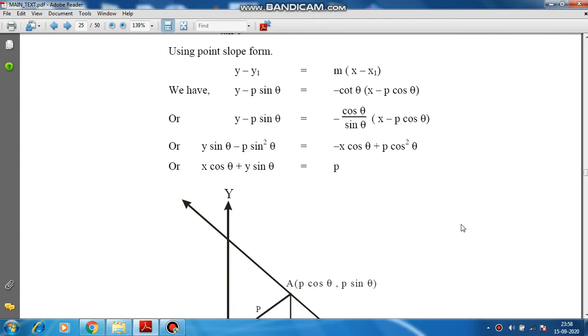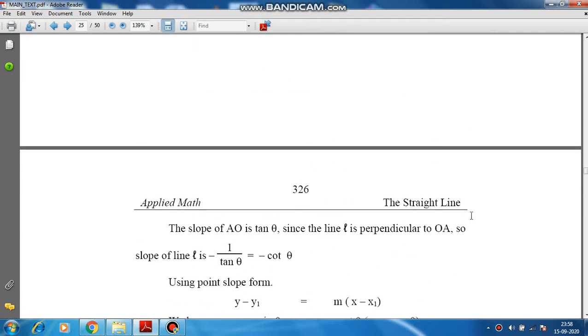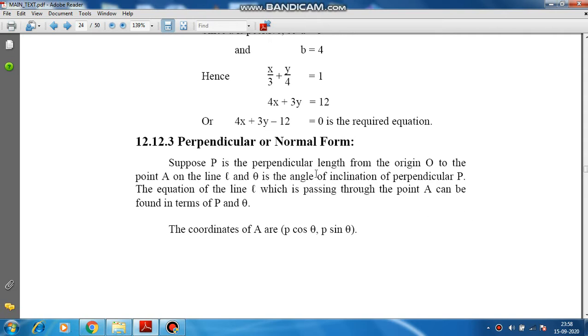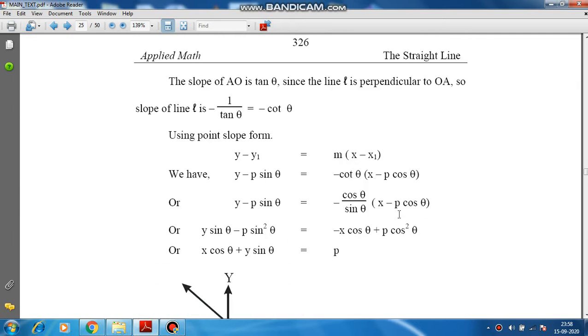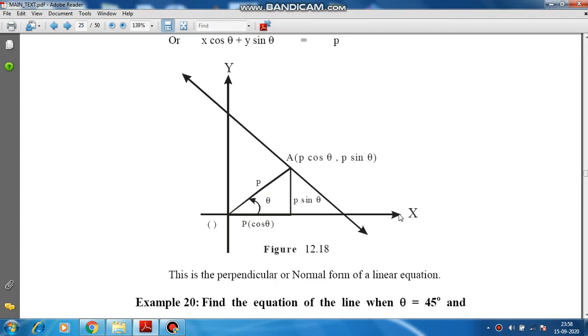So, dear students, in the last class, I started the normal form of a straight line, and actually, we were about to complete it. The equation of this line was obtained by using the point slope form.